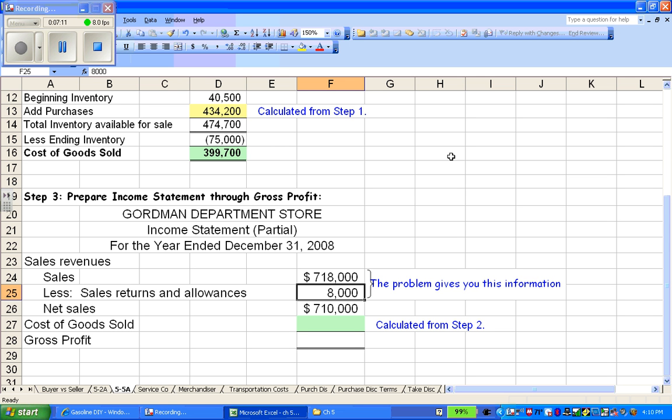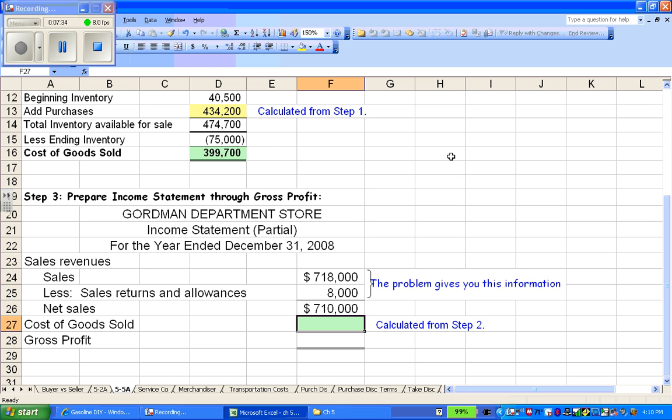It has a debit balance because your sales has your credit balance. So a contra revenue account will be the reverse of that. A revenue account normally has a credit balance. A contra revenue account will have a debit balance. So I subtract the two and I get my net sales of 710,000.